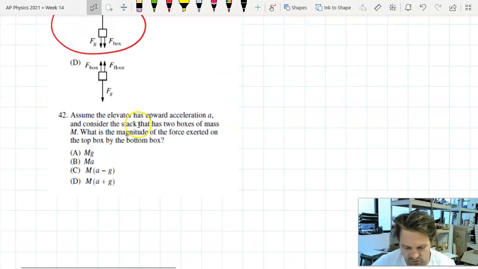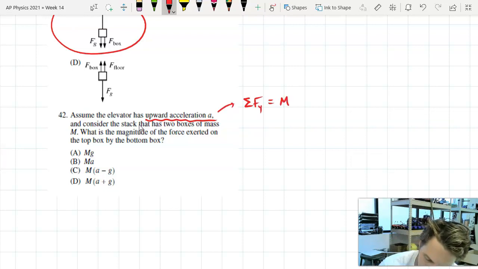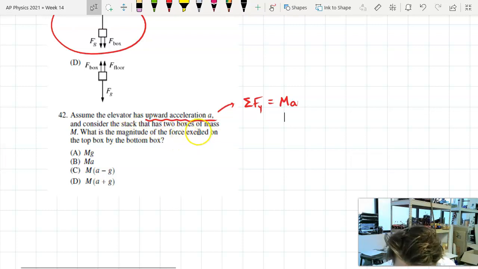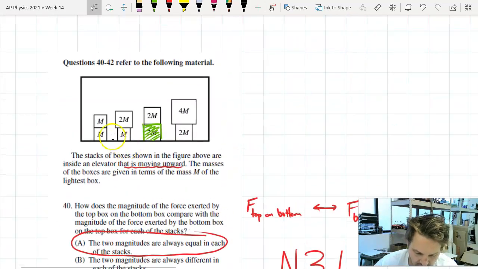And then 42, assume the elevator has an acceleration, now we're accelerating up. So this tells me that the net force in the y direction is mass times acceleration. What is the magnitude of the force exerted on the top box by the bottom box? So mass times a, good, I guessed right, because this box is a mass m over here, so that's our mass.